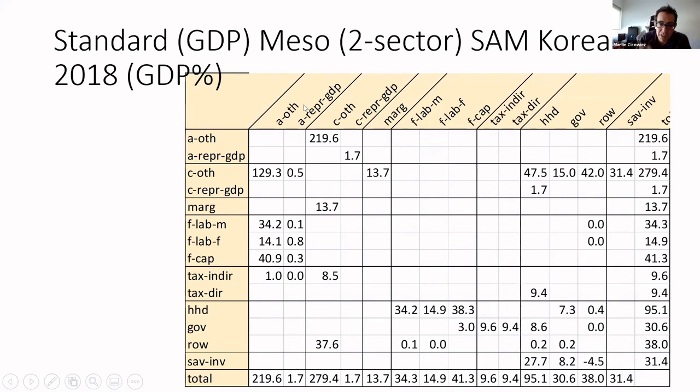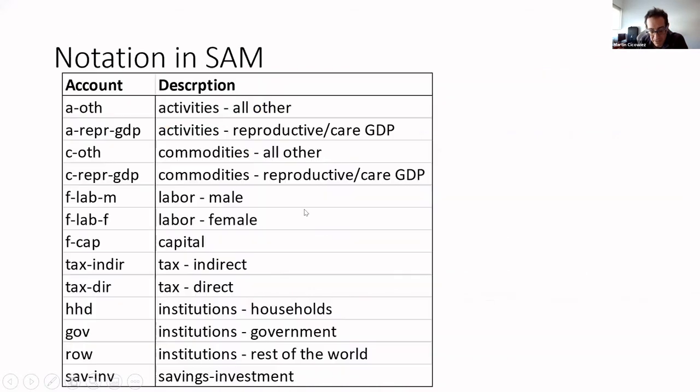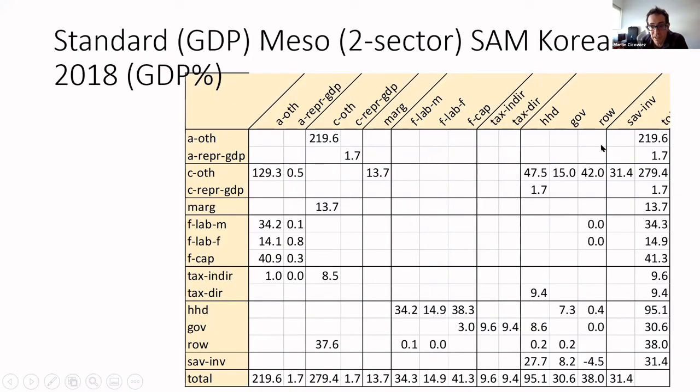So this is the social accounting matrix, and the different sources of information that I mentioned before are used to build it, like the supply and use tables that are related to production and consumption. They will cover these parts here, and the consumption here.